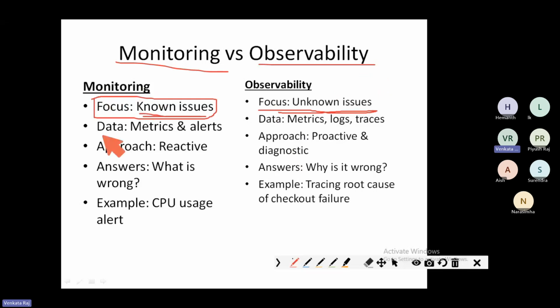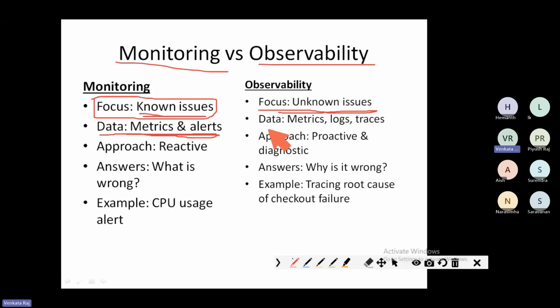In monitoring, what kind of data do you analyze, guys? It is primarily metrics and alerts. Okay. In case of monitoring, the data which we look into is primarily metrics and alerts. But in case of observability, these are again the three pillars, guys, right?